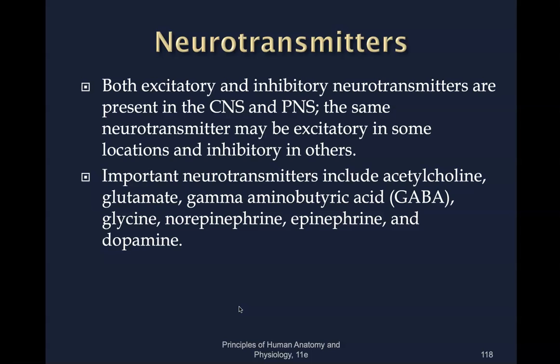So that's the crazy part. These neurotransmitters can be excitatory in some areas of the body and inhibitory in others, right? Totally crazy. But that's how it works, and it's very well controlled.